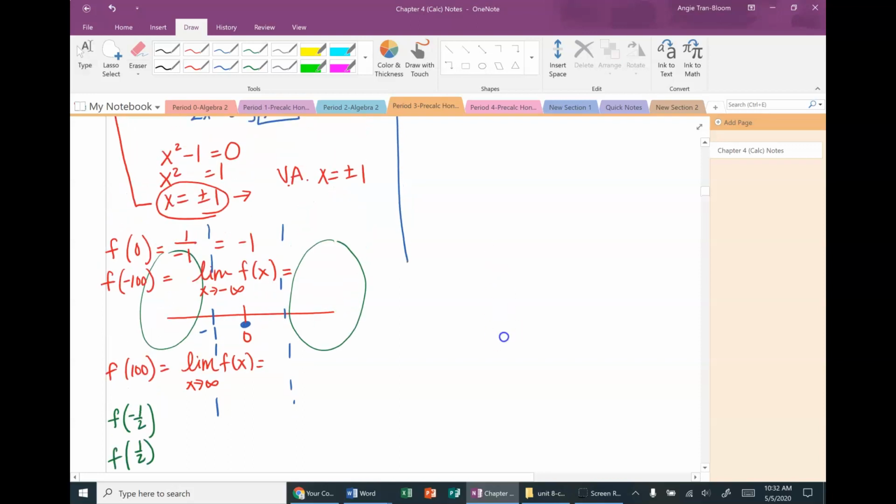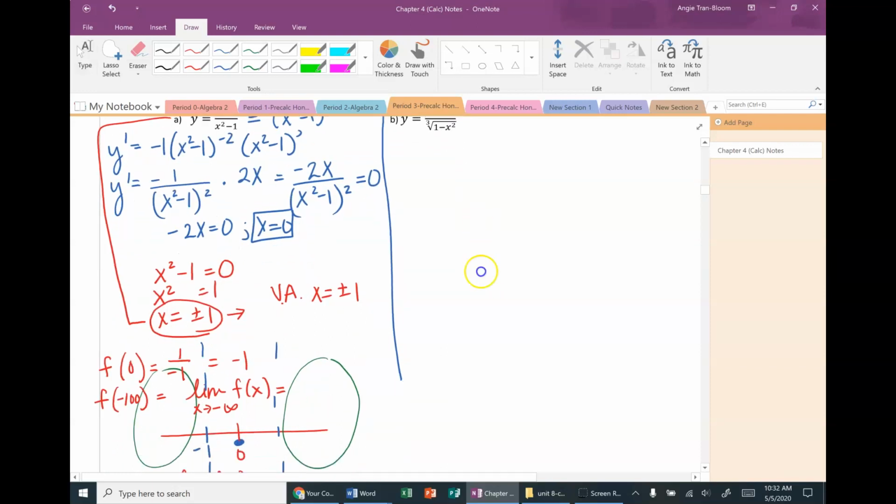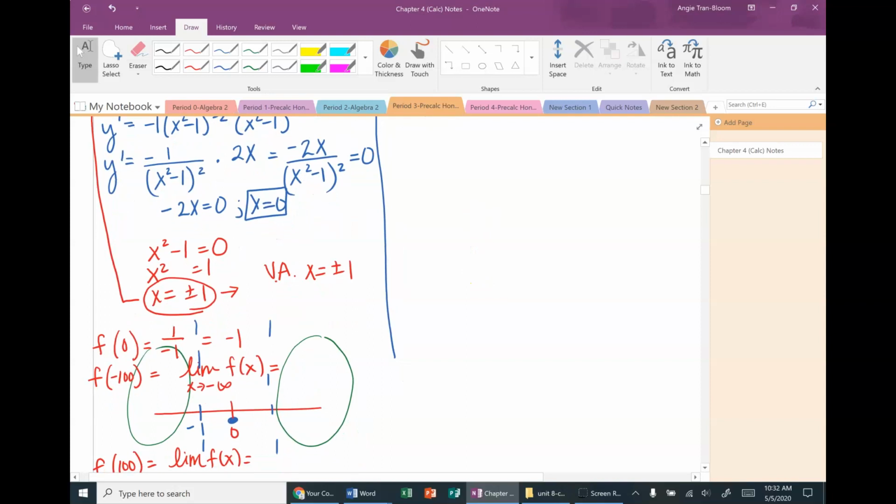Let's start with the -100. If we plug in a -100, then as you can see, the end behavior function, it's going to be 1 over (-100) squared minus 1. So we're going to have, let me just erase these two green dots here. It's going to be 1 over (-100) squared, and we have minus 1.